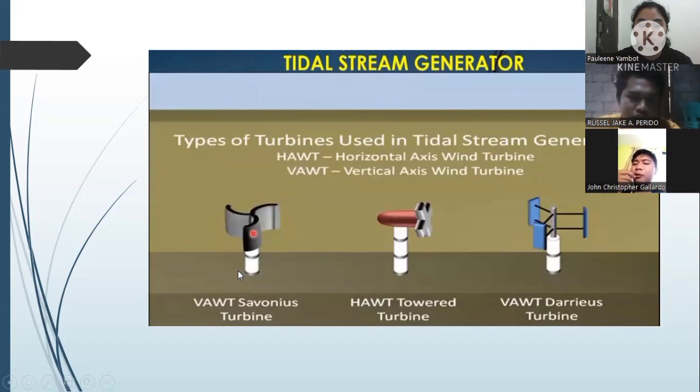Pero nagagamit pa rin po siya sa tidal stream generator. Ang palaging ginagamit po natin sa tidal stream generator is yung horizontal axis wind turbine o yung naka-horizontal po na turbine. Yung pangatlo po, ginagamit din po siya pero di po siya ganong ginagamit po talaga sa tidal stream generator.